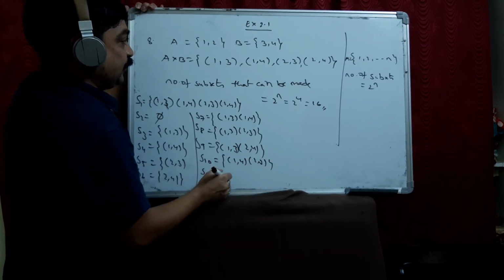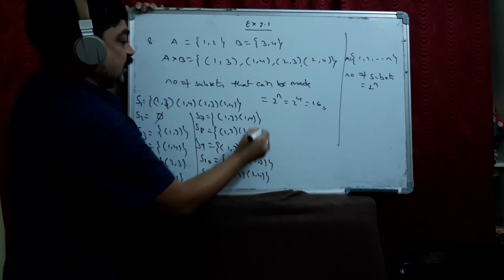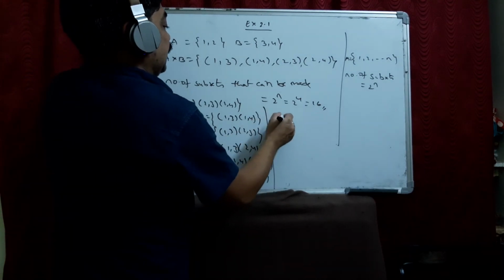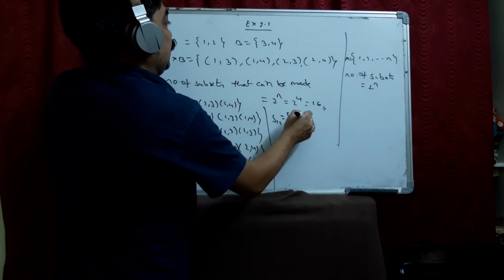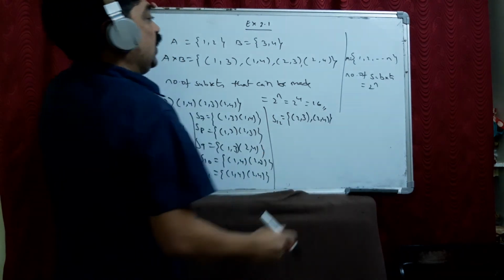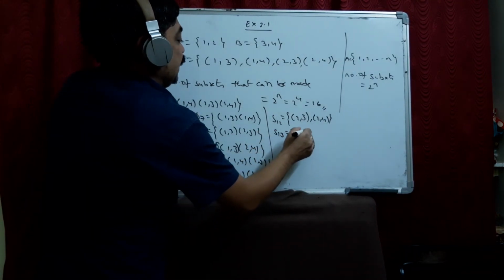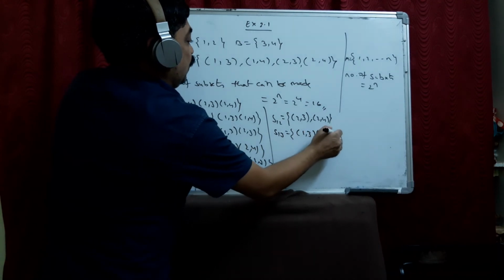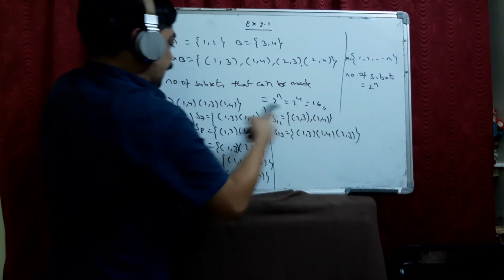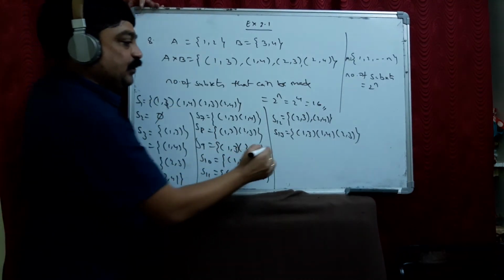S11, 1, 4, 2, 4. S12, 2, 3, 2, 4. Now, 3 element sets. S13, 1, 3, 1, 4, 2, 3. I am writing all the subsets where these elements are there in the big set.